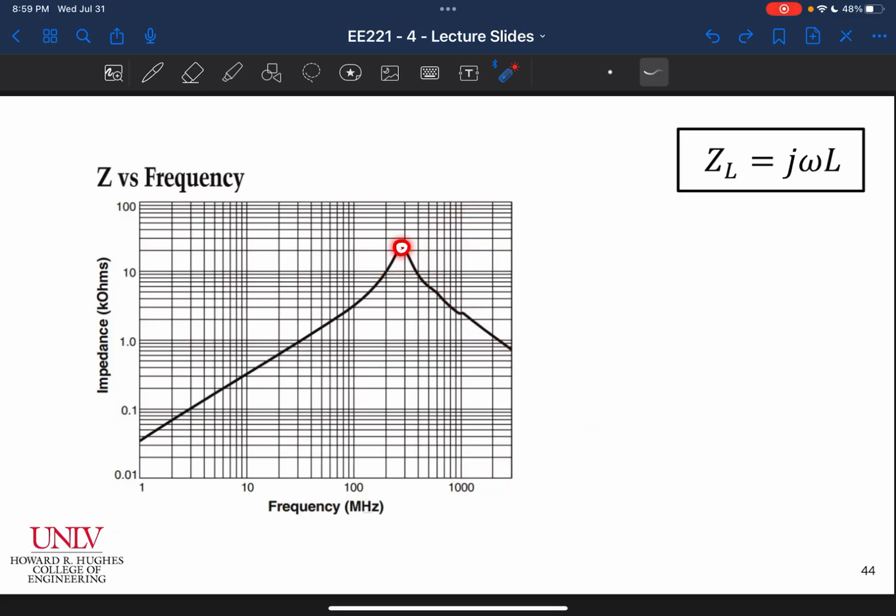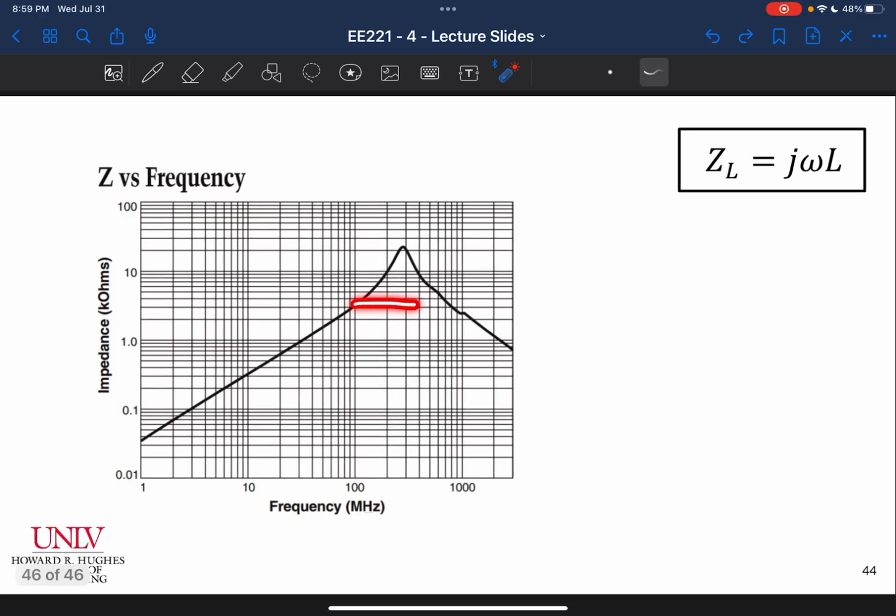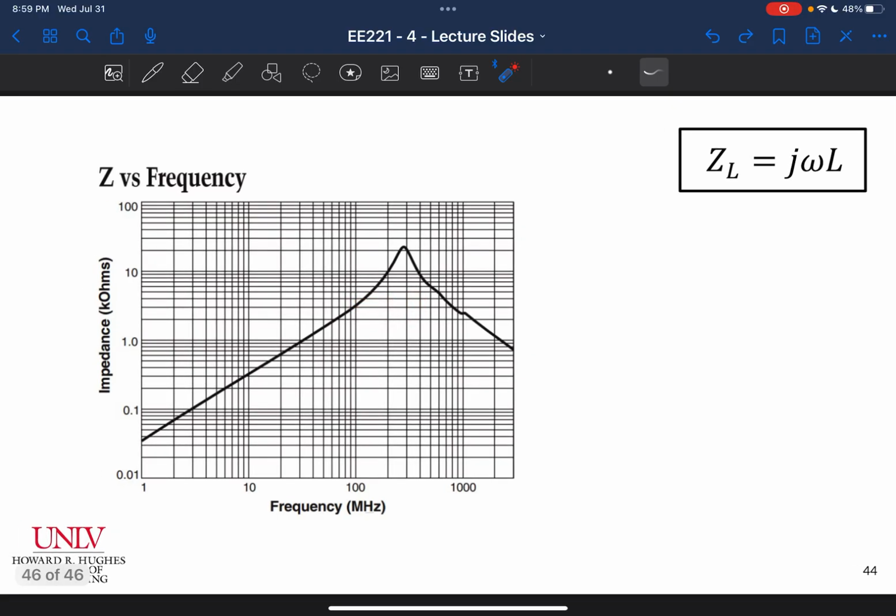And so from here and beyond, once this stops behaving linearly, we can basically say that this inductor no longer behaves like an inductor. From that point forward, the transformer is not going to behave the way that we think it should. You can probably get away with operating in this range, but to be safe, you might want to operate below 100 megahertz. And that's basically the frequency limits of inductors, which applies directly to transformers.